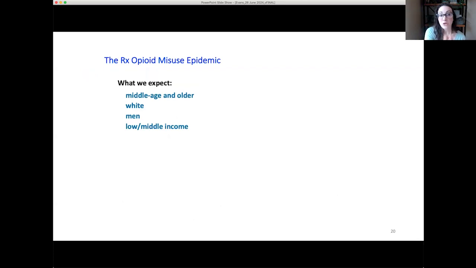Now, if we think about the US opioid epidemic in general, and that also includes the prescription opioid misuse, and you just crunch the numbers in a very additive way and say, which groups are at higher risk? The things that come up as being particularly high risk might be if you are sort of middle-aged to older, if you are white, if you're a man, if you are sort of on the lower to middle end of the income distribution. So this is what we would expect just based on an additive framework.